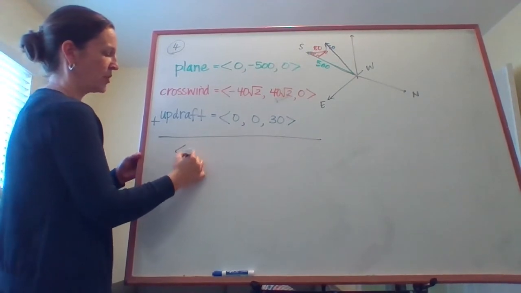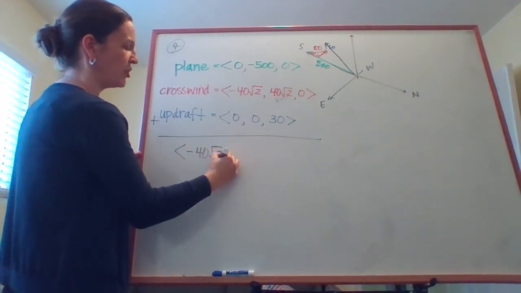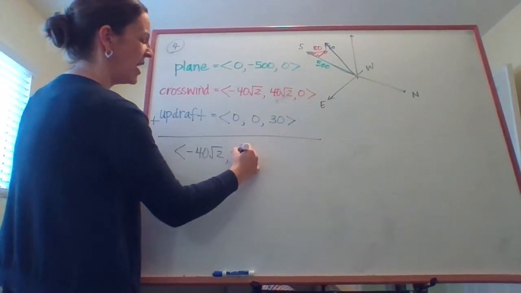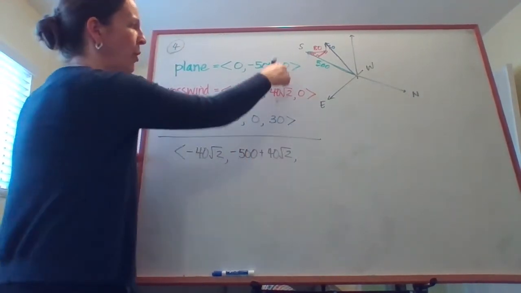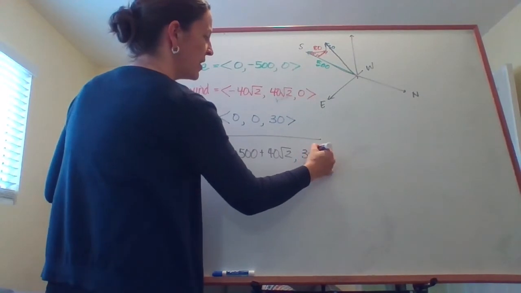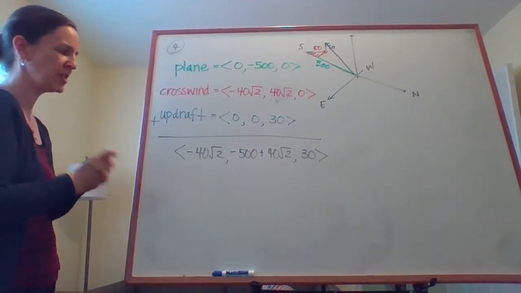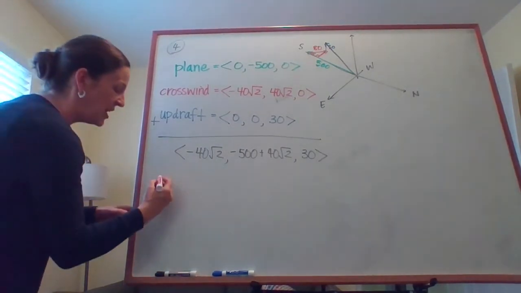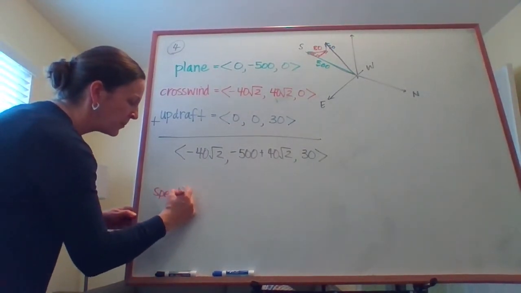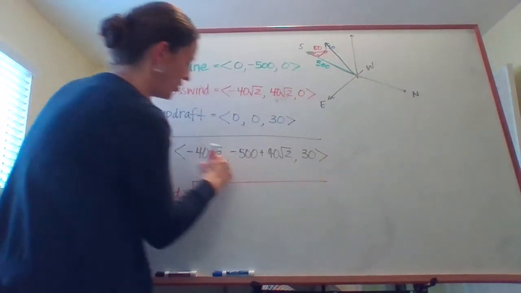Okay, and the way I get the components of that resulting vector is by adding all three of these up. So I end up with a negative 40 rad 2 in the x component, a negative 500 plus 40 rad 2 in the y component, and a 30 in the z component. So that was the first thing I was looking for, the components of the resulting vector. And then if I want the speed, I'm looking for the magnitude of that vector.